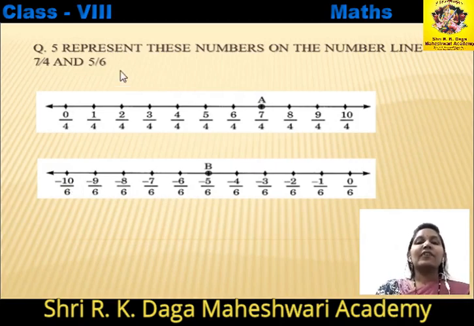After that we want the denominator as 6. So we will write 6 in the denominator in each number. So it is 0 by 6, then minus 1 by 6, minus 2 by 6, minus 3 by 6 and so on, minus 10 by 6. But we want to represent the number minus 5 by 6 and minus 5 by 6 is here. We will represent this point as B.